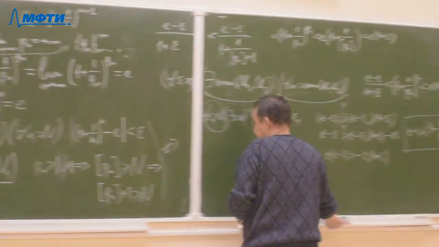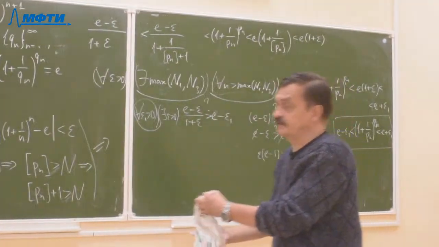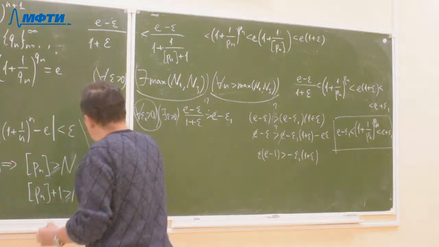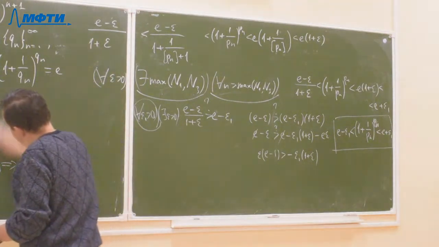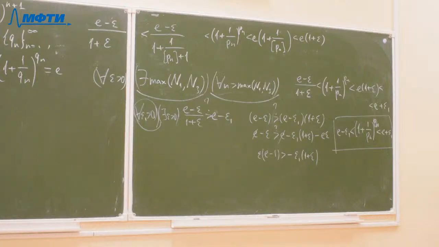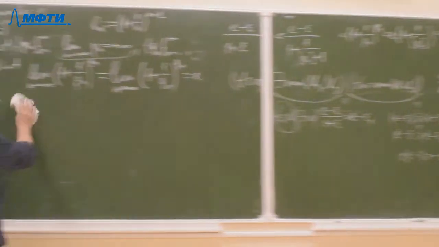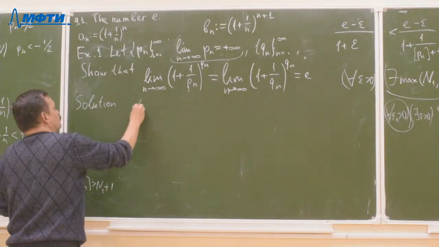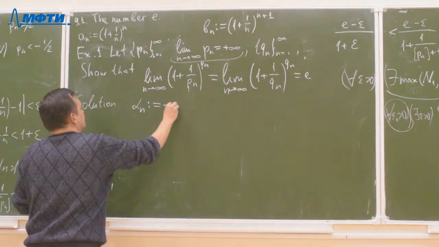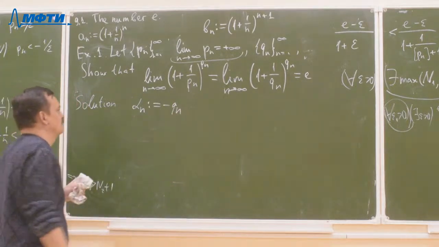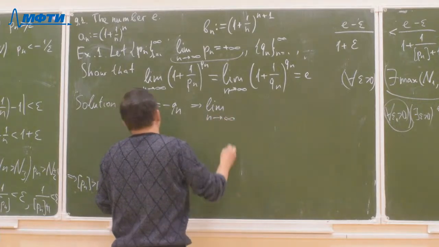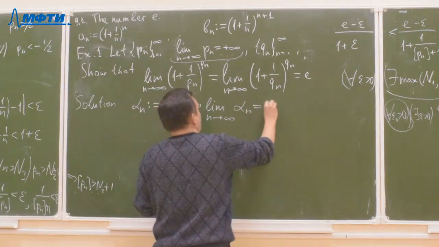Now for the second, with Qn, we proceed as follows. So put alpha n equals minus Qn. Then the limit of alpha n equals plus infinity.